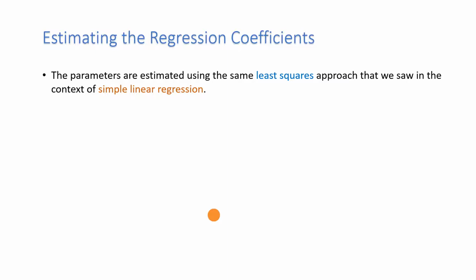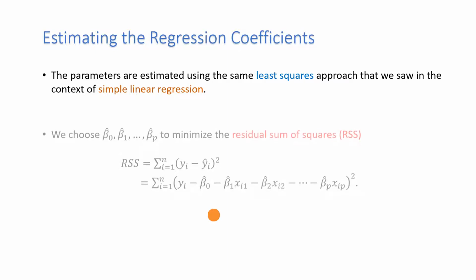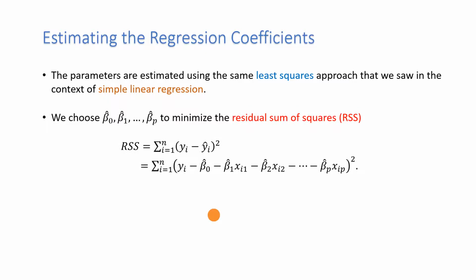The estimation procedure is very similar to what we did for simple linear regression, but we just extend it to this multivariate linear regression case. Again, our goal is to choose a set of parameters beta 0 hat to beta p hat that minimize the residual sum of squares of this linear model, right?